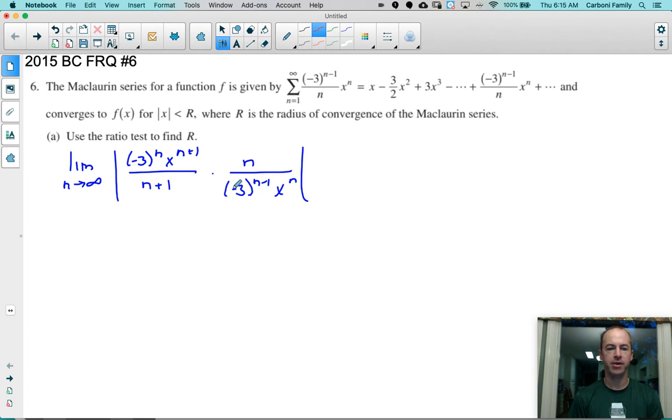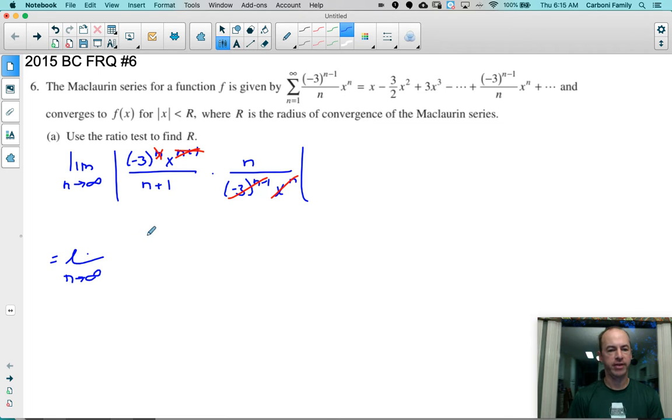I have one more negative 3 on top than I do on bottom. I have one more x on top than I do on bottom. And so we are left with the limit as n goes to infinity.